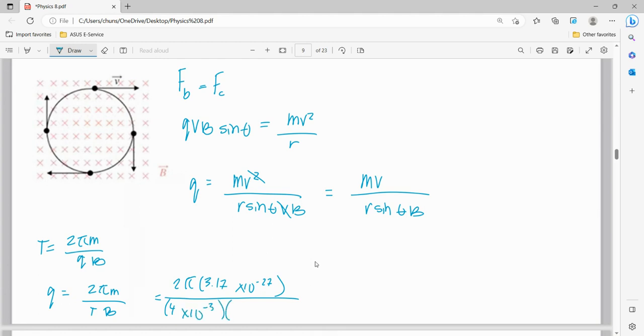And our period is 31.1 times 10 to the negative 6 seconds. And this gives us a charge equal to 1.6 times 10 to the negative 19 coulombs, which we know to be either a proton or an electron.